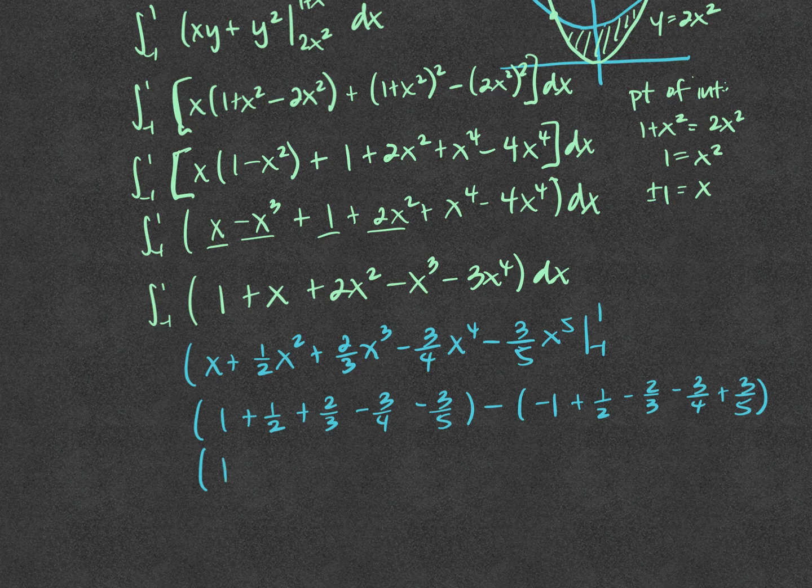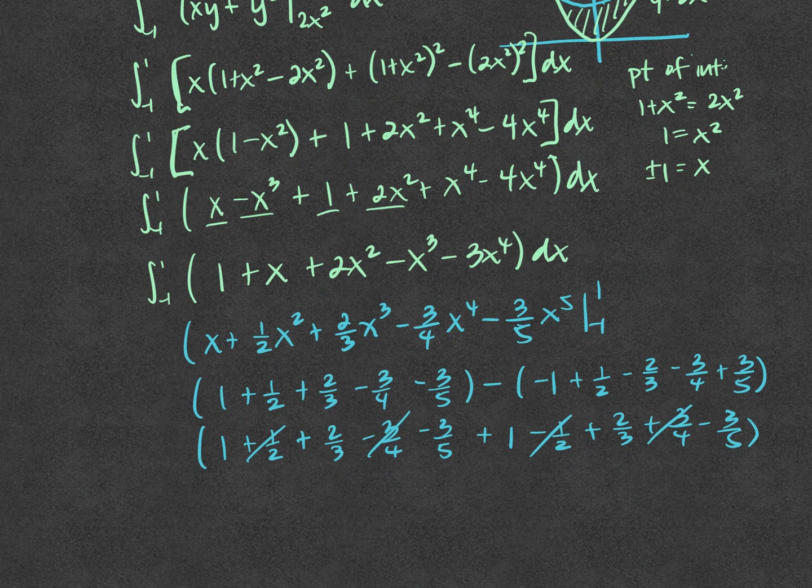I'm just going to change the signs and bring them down to see what cancels and what doesn't. These all come down the same. Now I'm going to distribute the negatives. So I get plus 1 minus 1/2 plus 2/3 plus 3/4 minus 3/5. Now some of those should cancel. The -1/2 will cancel, and the 3/4 will cancel, and it looks like that's about it.